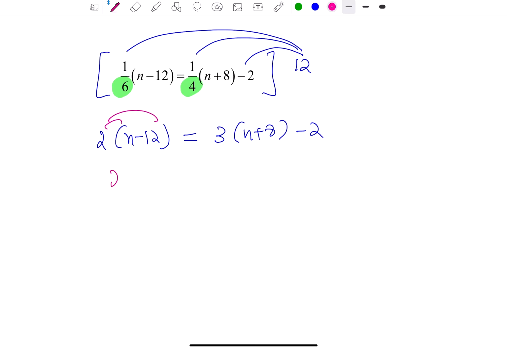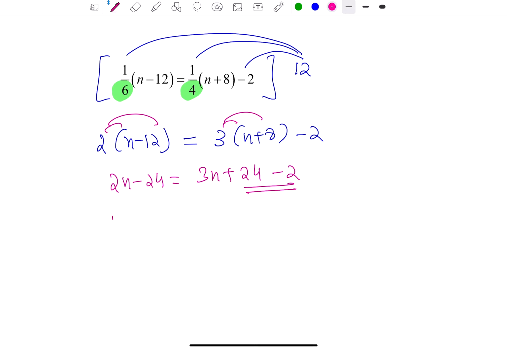Let's go ahead and distribute: 2n minus 24 equals 3n plus 24 minus 2. Combining like terms on the right hand side, 2n minus 24 equals 3n plus 22.